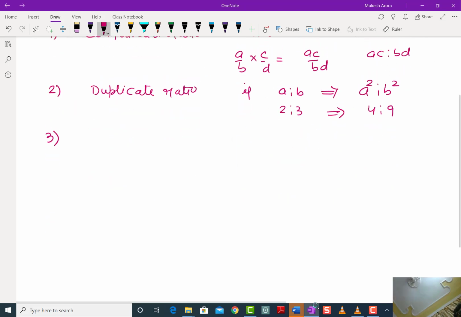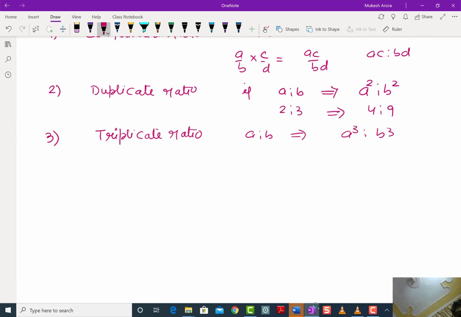Then we have triplicate ratio. A ratio B, the triplicate ratio of this will be A cube ratio B cube. 2 ratio 3, it will be 8 ratio 27.